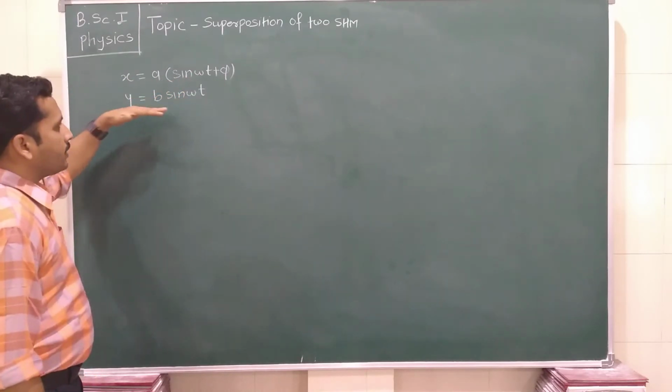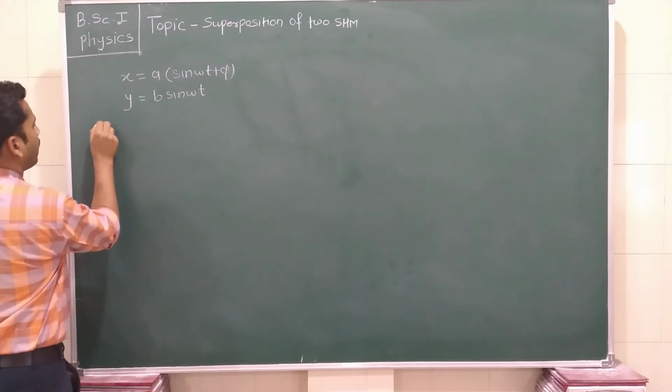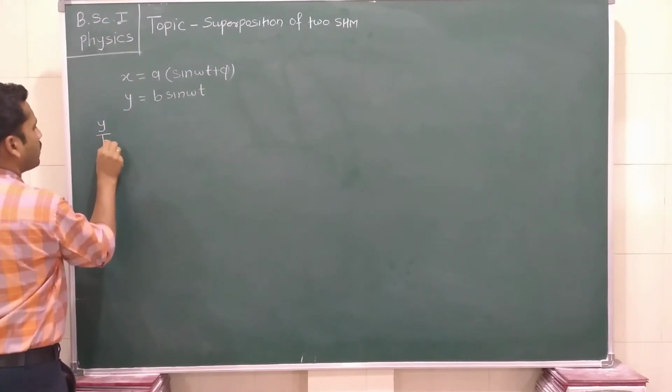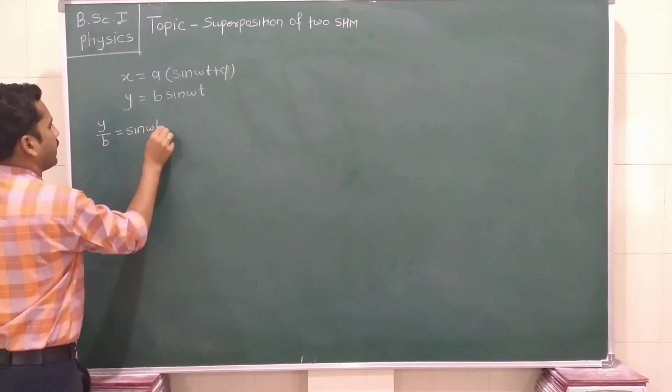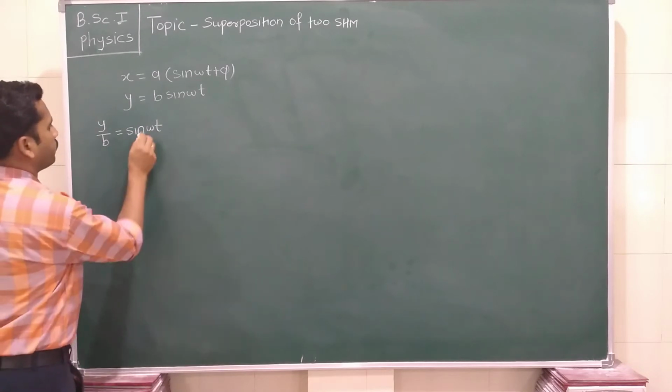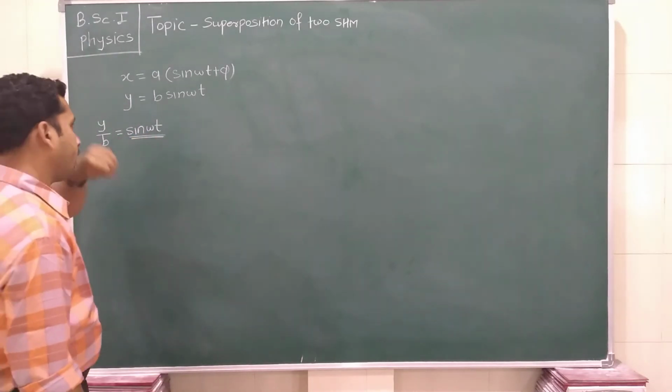Now from the second equation we can write y upon b is equal to sine omega t. So sine omega t is equal to y by b.